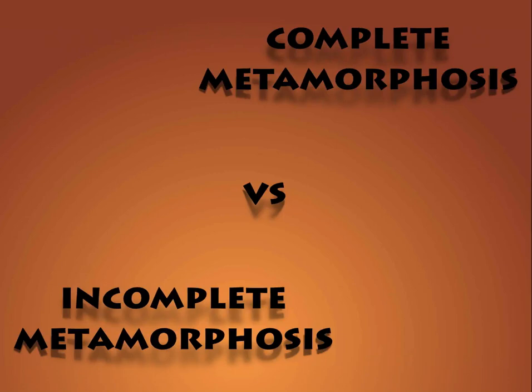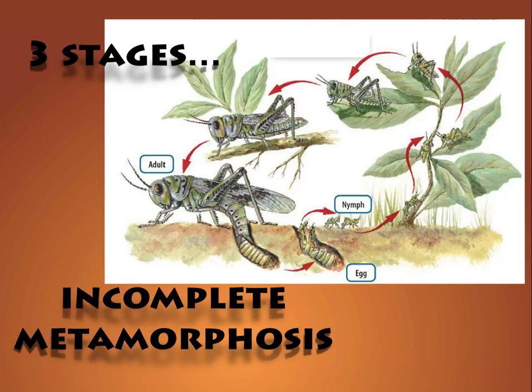So moving on. There are a couple of terms that you need to add to your repertoire here. It's complete metamorphosis and incomplete metamorphosis. Metamorphosis means to change. So we have 3 stages of incomplete metamorphosis. Complete metamorphosis has 4. The 3 stages of incomplete metamorphosis are illustrated here by the process that a grasshopper goes through.